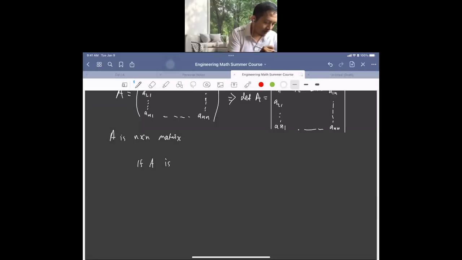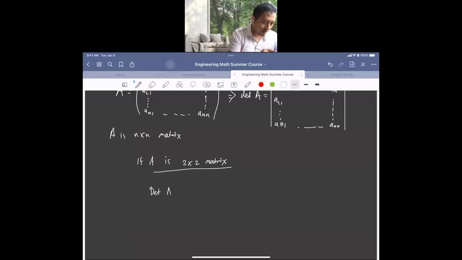So if A is a 2 by 2 matrix, let me just define the first part. The determinant of A is A11, A12, A21, A22.